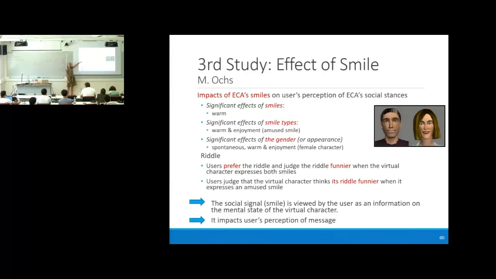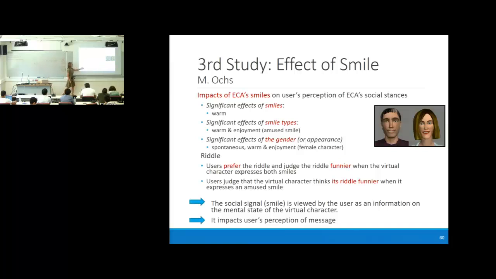We also find that the smiles had an impact on how the agent is perceived. So here's the task. The task was simply a riddle. And they found out that the users found the riddle funnier when the characters expressed smiles. Okay? The users think that the agent finds the riddle funnier when it expresses smiles.